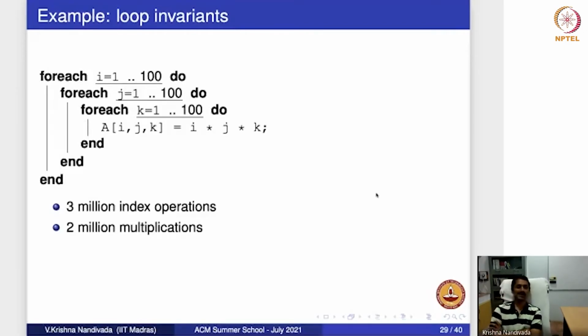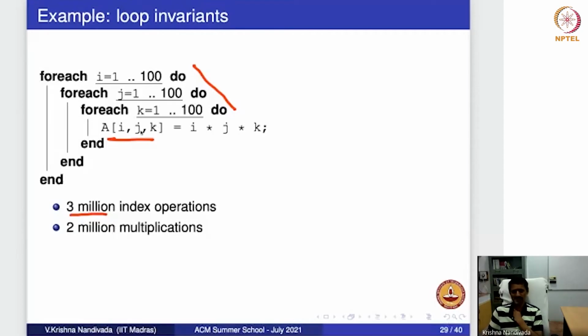I have a for loop nest, 100 cross 100 cross 100, and I'm initializing the values of this three-dimensional matrix A. I have a total of 100 cross 100 cross 100 iterations, and here I have 3 million index operations, correct?